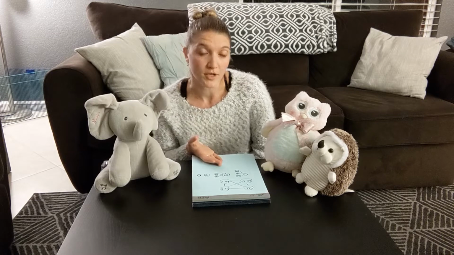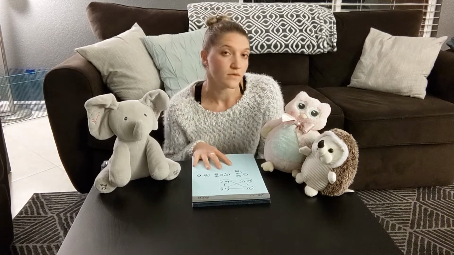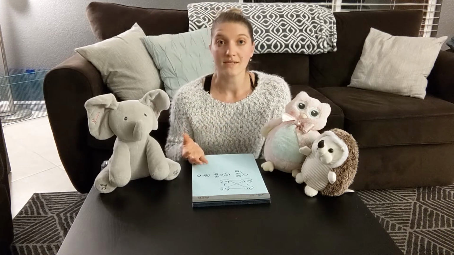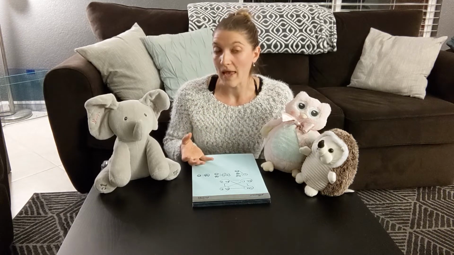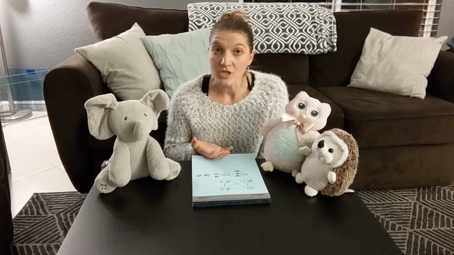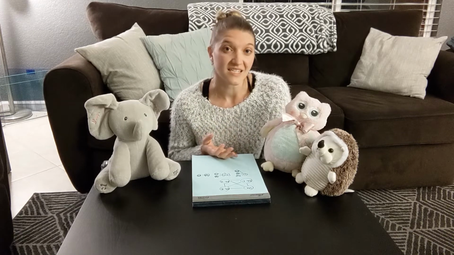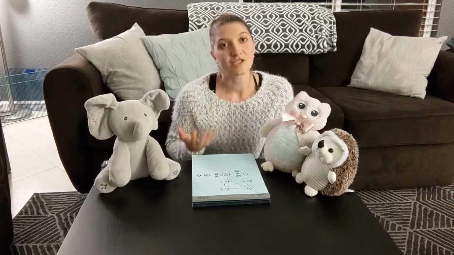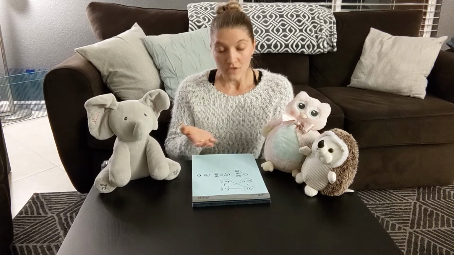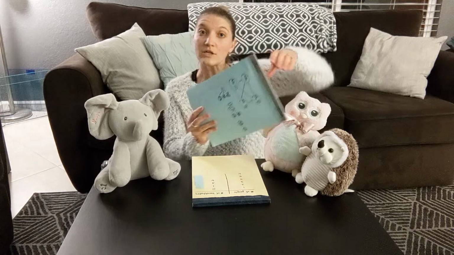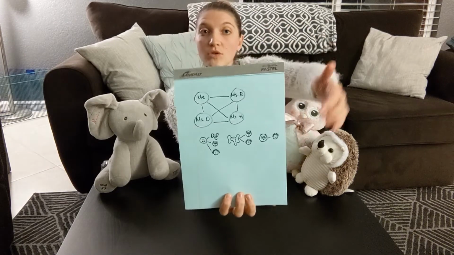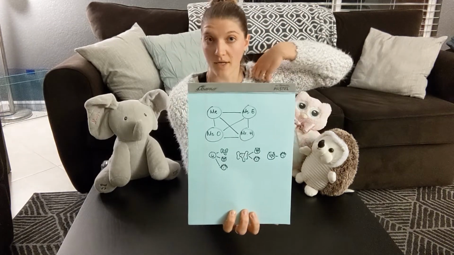Something important to remember is let your child solve the problem in whatever way makes sense to them. Don't try and force them to solve it in a particular way. You can provide suggestions or offer up examples if they get stuck, but they don't have to solve it the way you solve it. So another way that they can try and solve it is by drawing a picture or a diagram to model all the handshakes that are happening.